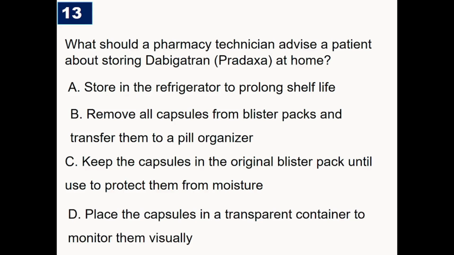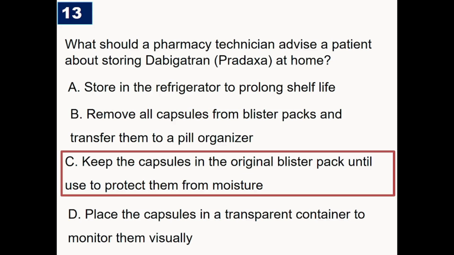D. Place the capsules in a transparent container to monitor them visually. The correct answer is to keep the capsules in the original container until use, so that way it protects them from moisture. That is a specific recommendation for dabigatran because it is moisture sensitive.